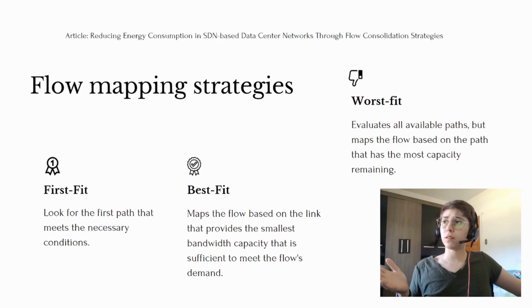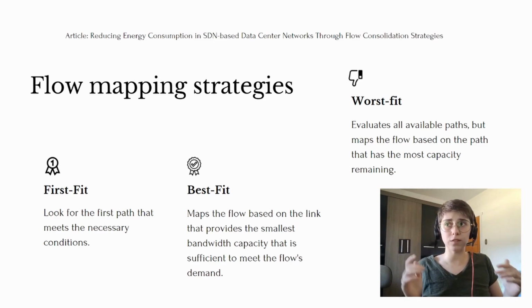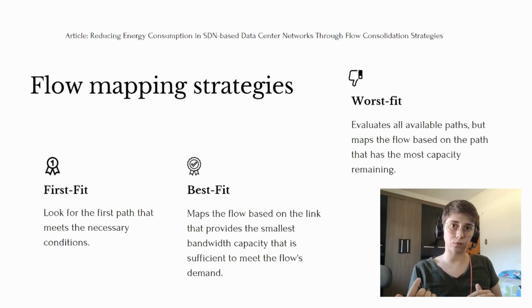The first fit will take the first path that meets the necessary condition, so it's the first result. And the best fit will search for the best case, which is the smallest bandwidth capacity that is sufficient to meet the flow's demand. So I will consume less capacity and get the same result.